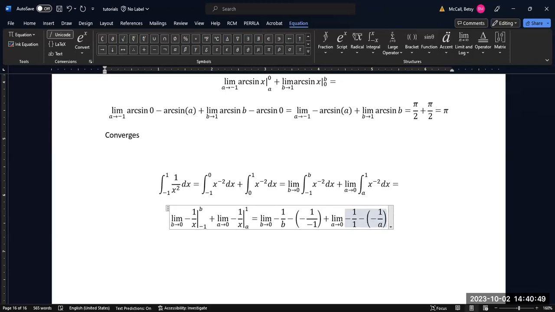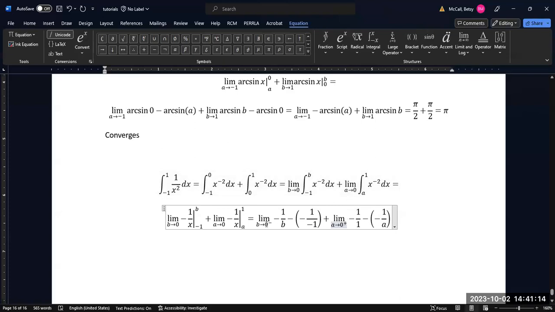And each of these limits has to be evaluated separately. You can think of b as coming in from the left, and a here as coming in from the right, because our values might be positive or negative infinity.